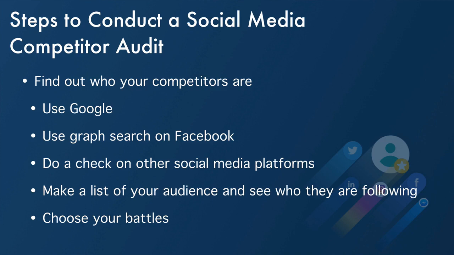And if you have more than 5, it might become a little too tedious for you to understand. And when it comes to gathering information and data also, it might become too overwhelming for you to analyze it and interpret things from it. So 3 or 5 is more than enough just to understand the landscape of your entire industry. So let's see what the next step in the social media competitor audit is.